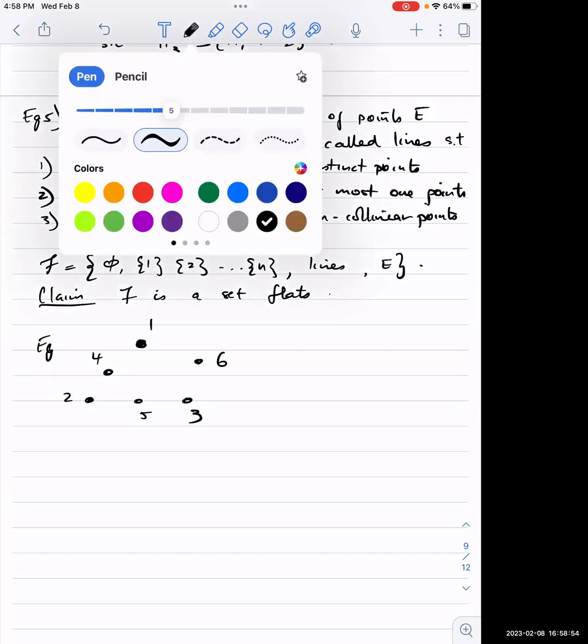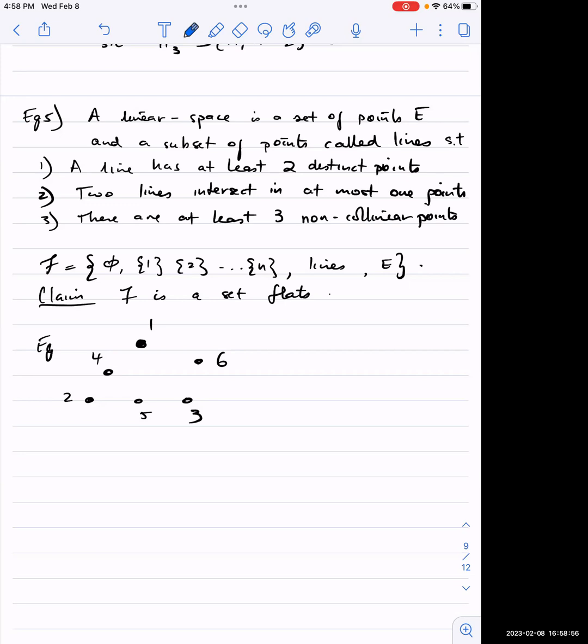And now every pair of points will determine a line. So we don't draw the 2-point line, where there's just a line between a pair of points, but we draw the non-trivial lines. We want a line going through 1, 4, 2 and a line going through 2, 5, 3.